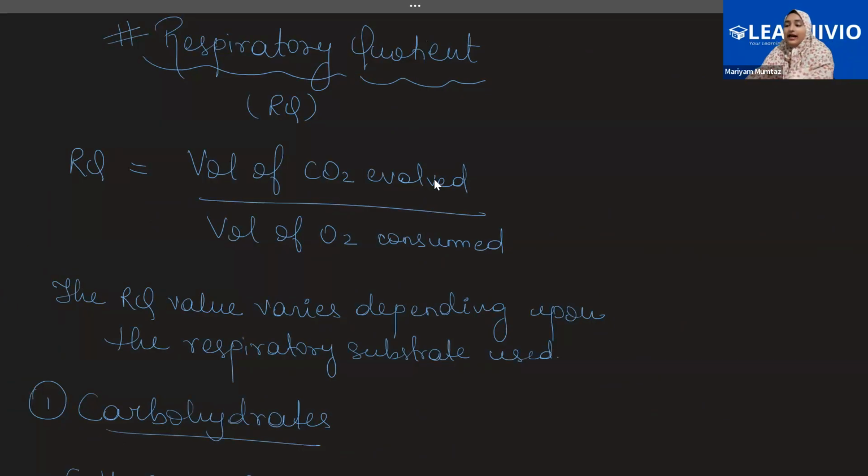That is what we call the respiratory quotient. Now, it will vary from substrate to substrate. We know that carbohydrates, fat and protein are the three substrates that can undergo respiration. So accordingly, the respiratory quotient would vary.